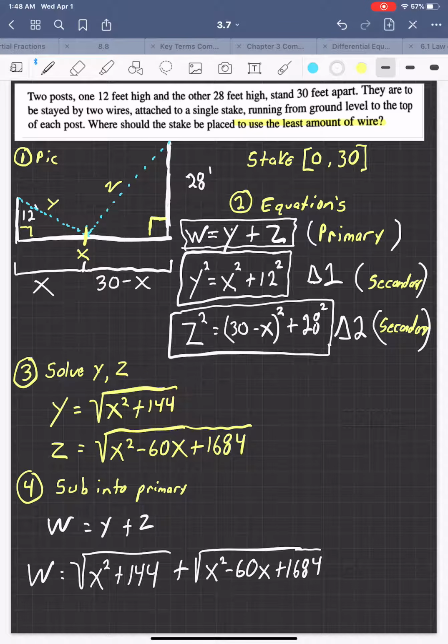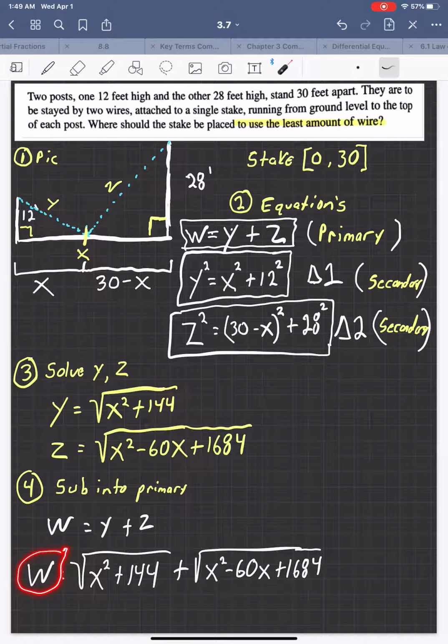Okay, now do you notice that at no point in time in this calculus problem have we done any calculus? Does it make sense to you that all of this work up front was to rewrite the primary equation? And now, just to appreciate what you've done, look at your primary.